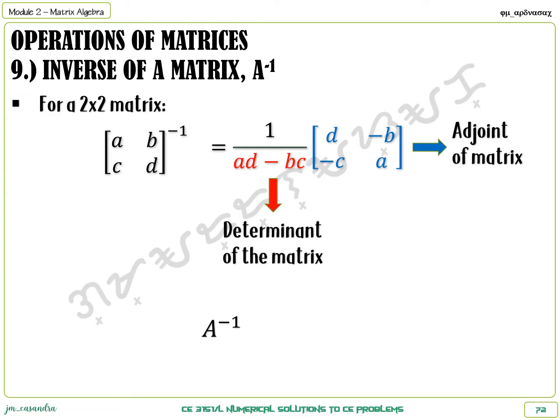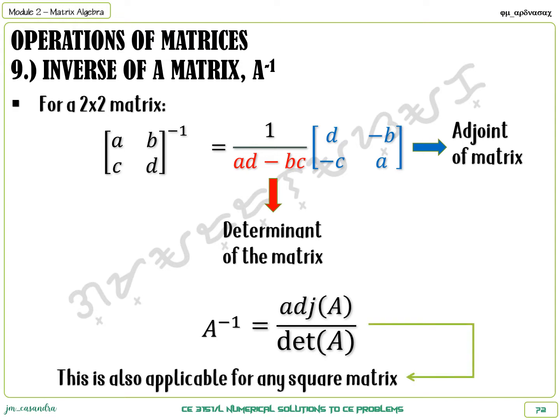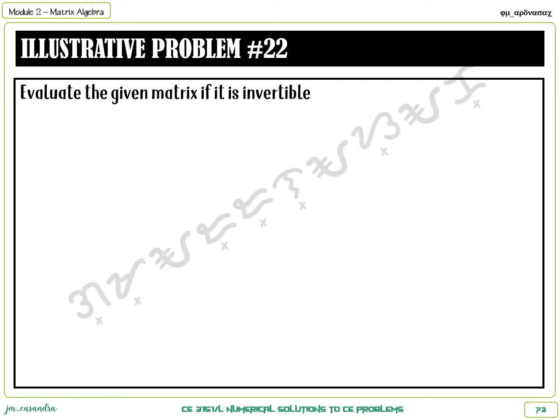Therefore, the inverse of matrix A can be computed as the adjoint of the matrix divided by the determinant of the matrix. This equation can be applied to any square matrix, whether a 3 by 3, a 4 by 4, or a 5 by 5 matrix.